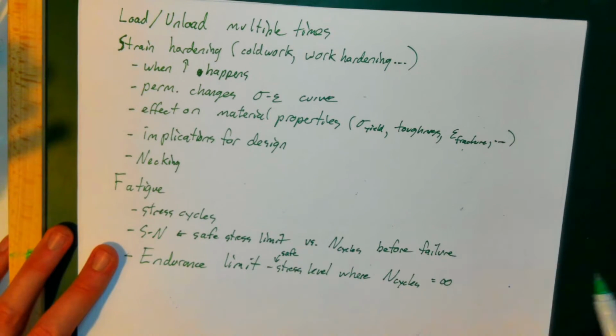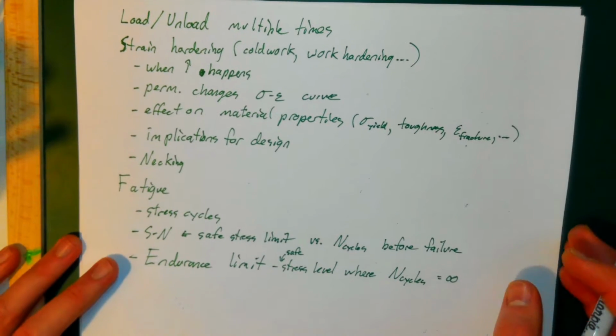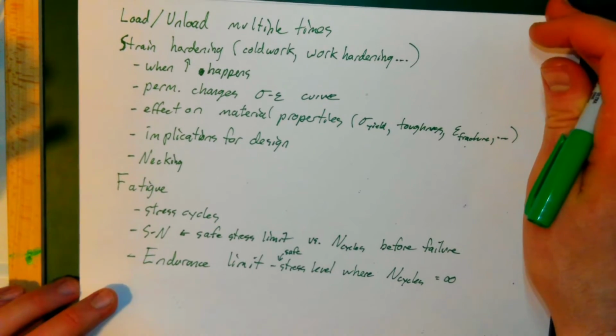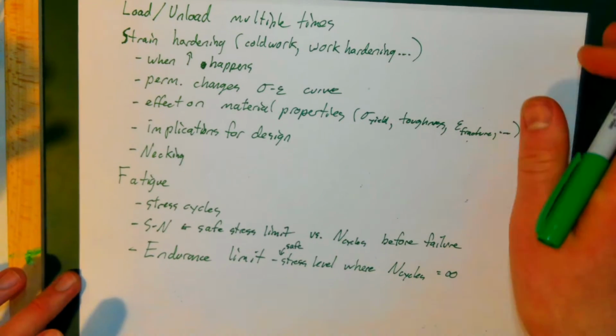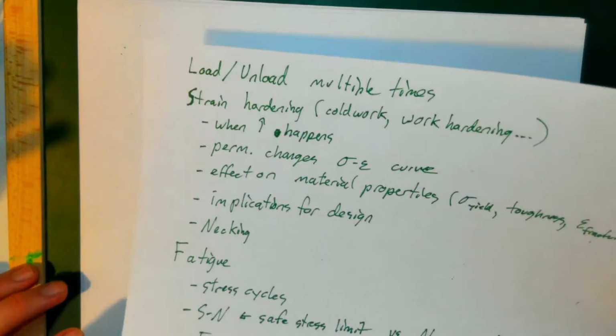And endurance limits exist for some materials, for example steel. Turns out it doesn't exist for other materials, for example aluminum, and we'll talk about some design implications for that.